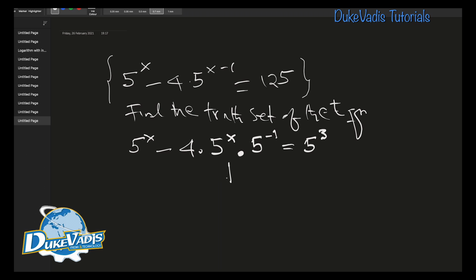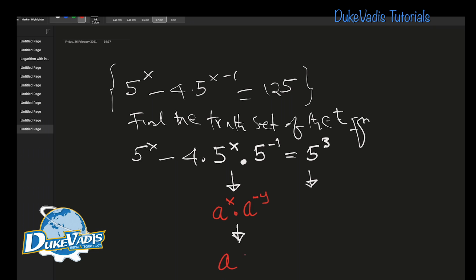Here and here, this is the same as saying that we have a multiplying a raised to the power negative y. By indices, if we break this one down, the answer to this will be a to the power x minus y.